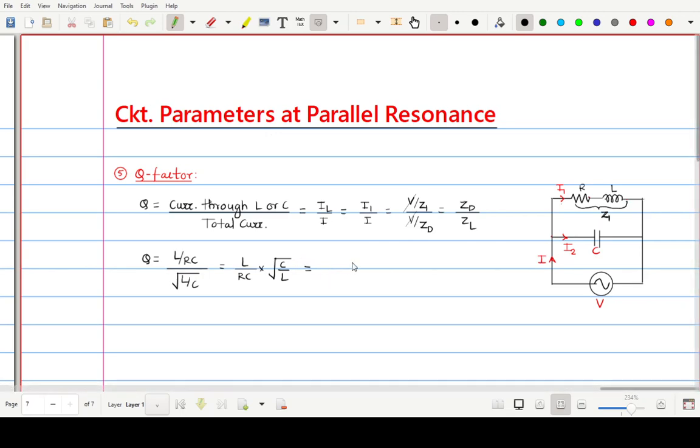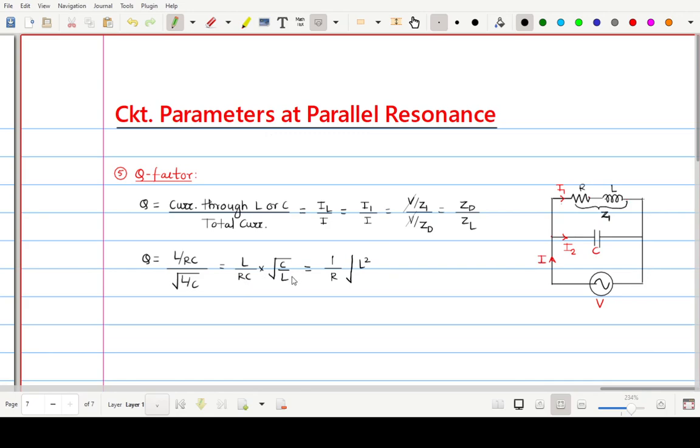Here, if you take this L inside, we will take L and C inside this root. The only thing remaining is 1 by R. Under root, if you take L inside, it should be L square.